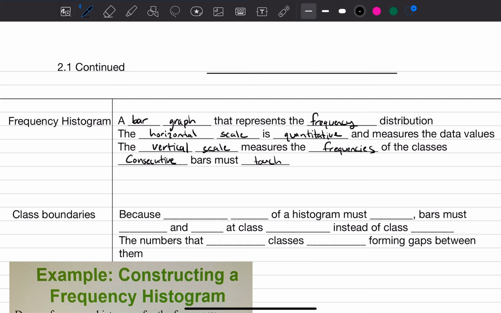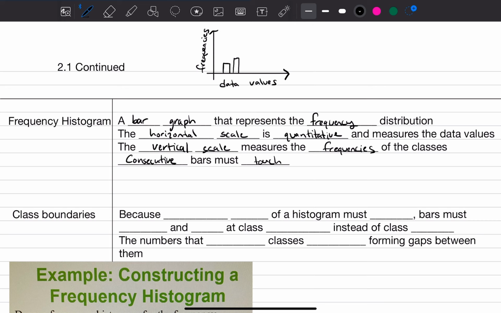So I will draw a picture to explain what I summarized. The horizontal axis, which is this one, is the data values. The vertical axis, which is this one, the y-axis, is going to keep track of the frequencies. And then consecutive bars must touch, meaning if I have a bar here and then the next bar picks up where that one left off, you're not going to put spaces like this.